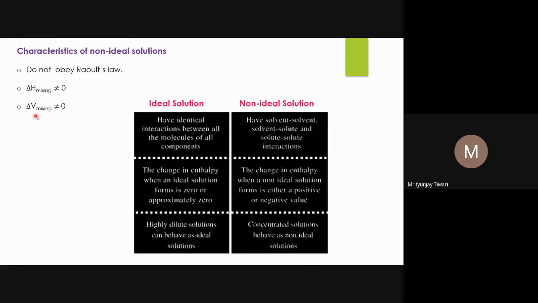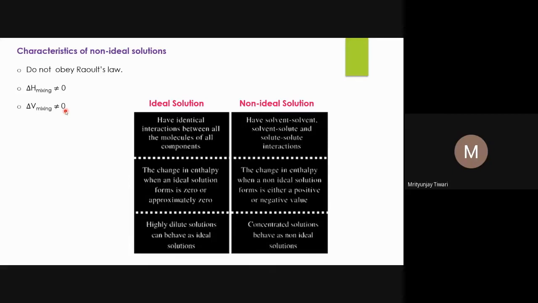And delta V mixing is also not equal to zero, meaning it could be negative or positive. Suppose after the dissolution, the volume has increased. If you add the sum of volumes of solute and solvent, and the solution volume is more than that value, then you can say delta V is positive, delta V is more than 0.